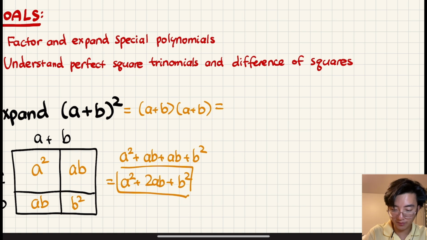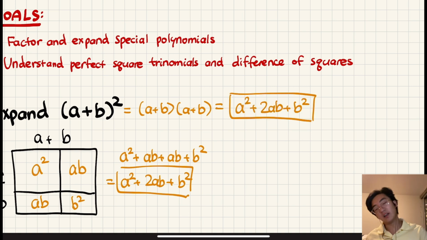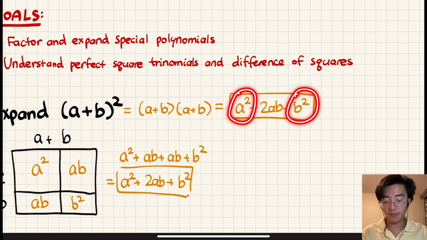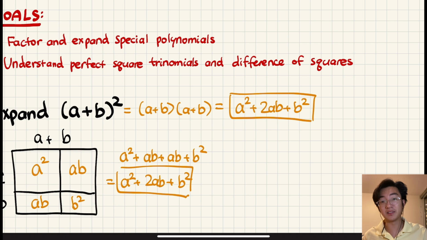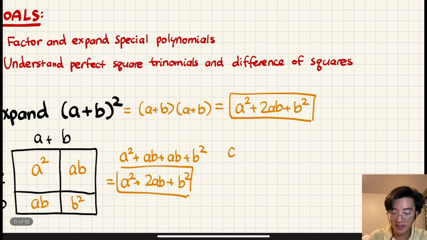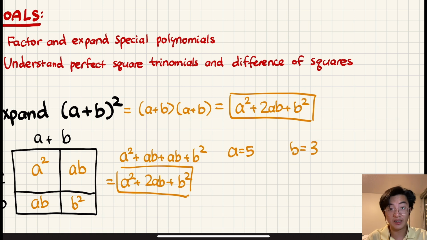So we can fully expand this right here. As you might have noticed, a squared and b squared are both perfect squares. Let's pretend a is 5 and b is 3. This means a squared is 25, then plus 2 times 5 times 3, which is 30, and then plus b squared, which is 9.